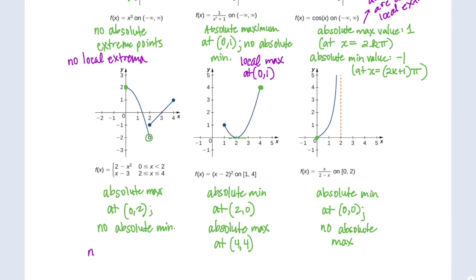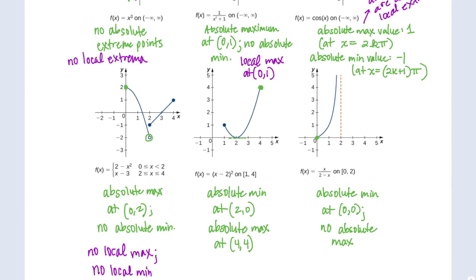So there's no local max, and there's also no local min. So to have a local max or a local min, you really need to have a point that looks like a peak or a valley. It can't just be the edge of a peak or a valley.